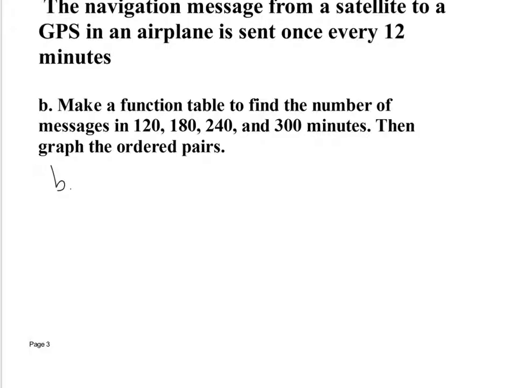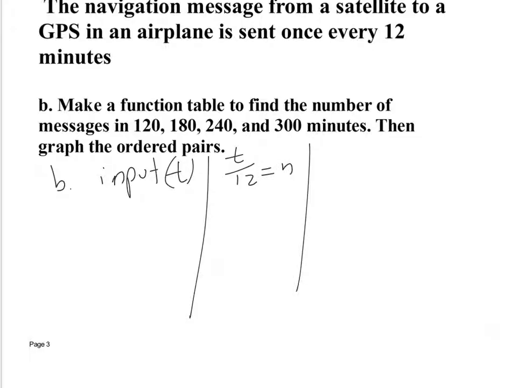So for my function table, it's got to have an input, which is my T. Then I've got to have my function rule, which is the function I came up with, which is T divided by 12 equals N. And then I've got my output, which is N. So I want to make a table that looks just like that.